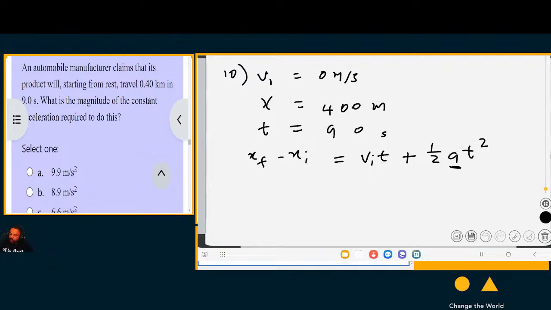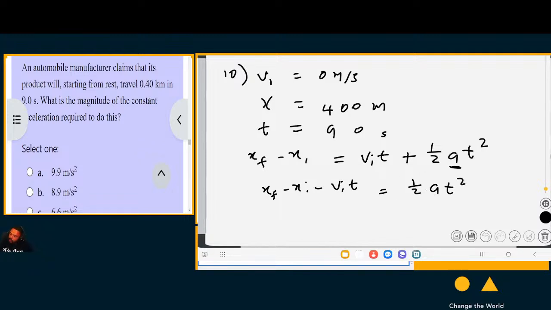If we rewrote this formula, and you can do this by yourself, let's rather do it slowly. Let's take the initial speed term over. So we have x final minus x initial minus v_i t, and we're left on this side with a half times acceleration times time squared.